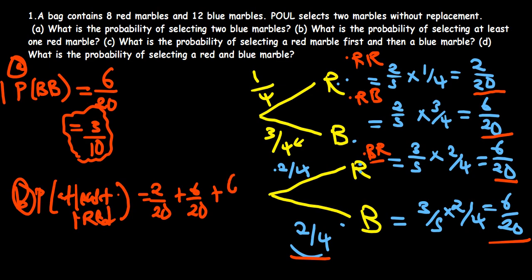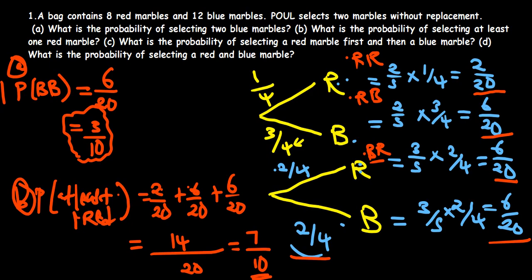Okay, so we can add this. So the common denominator is 20, so we add 2 plus 6 plus 6, so we are going to have 14 there. Okay, so this 14 over 20, you can reduce it. So 2 into 14, it will be 7 divided by what? 10. So this is the probability of selecting at least one red marble.